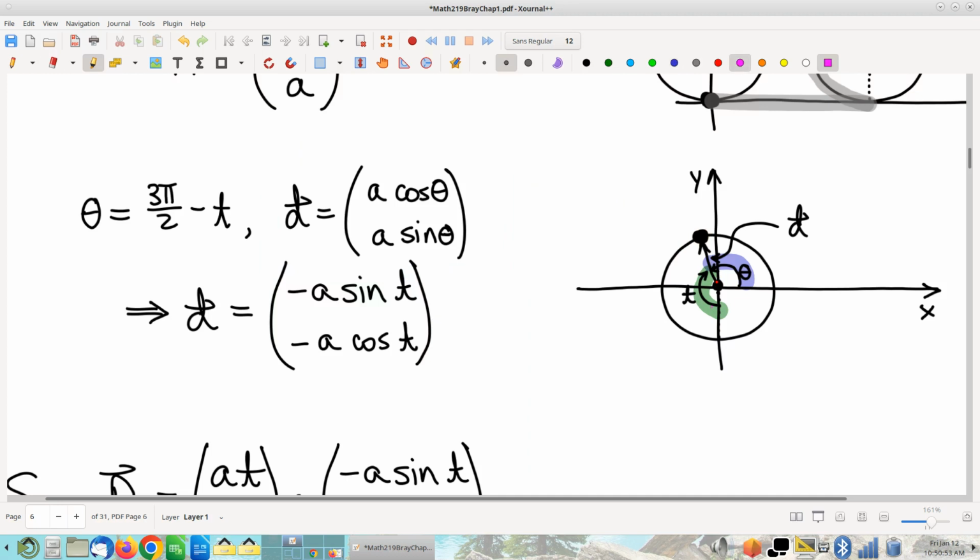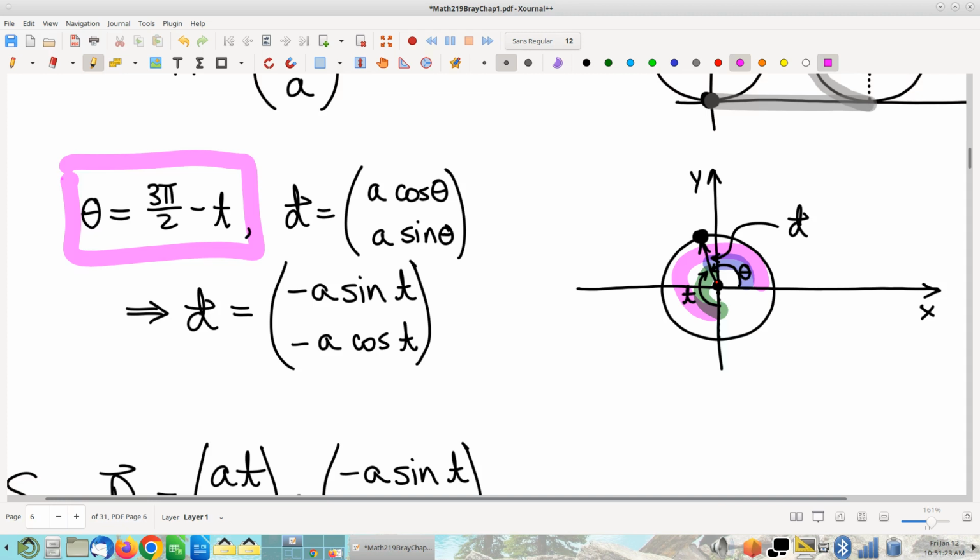And that's the good news. In this case, the relationship between t and theta is they always add up to 3 pi over 2. And again, this is a matter of looking at the picture. As t increases, in other words, as this thing rotates to the right, t keeps getting bigger, theta keeps getting smaller. Whatever, but the total is always 3/4 of a turn, aka 3 pi over 2.